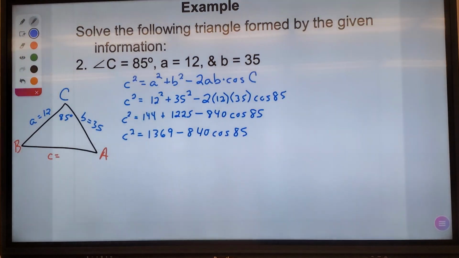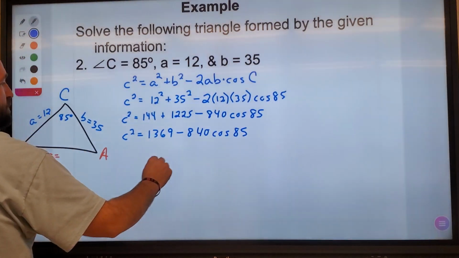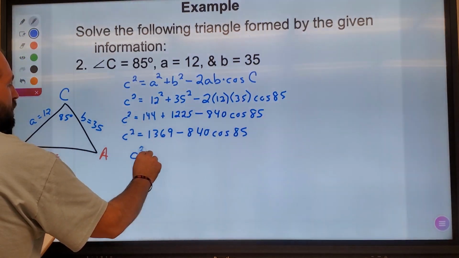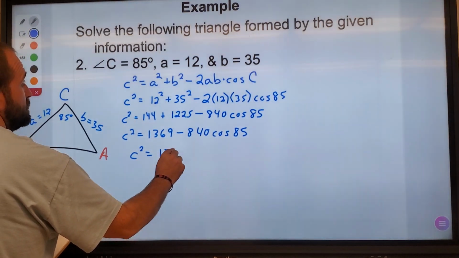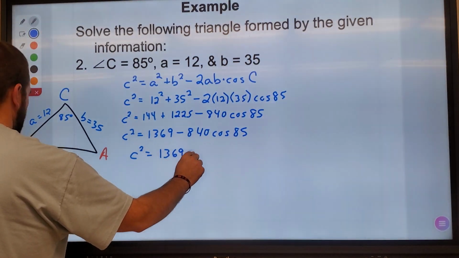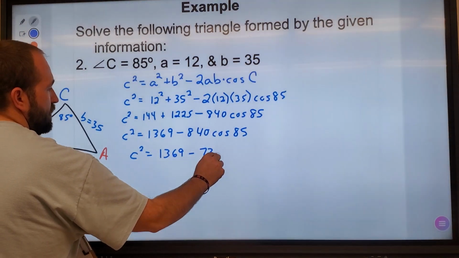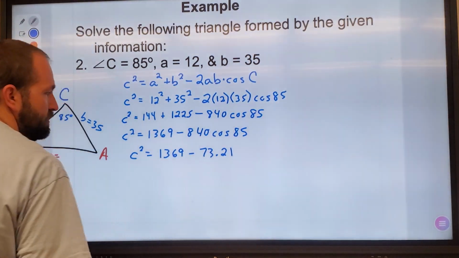Again, here being very careful not to subtract the 840 from that 1,369 because the 840 is attached to a multiplication of the cosine of 85. So you cannot subtract those. Okay, so take 840 times cosine of 85. That's going to give me c squared is equal to 1,369 minus approximately 73.21.